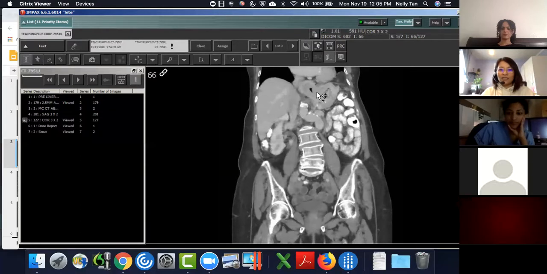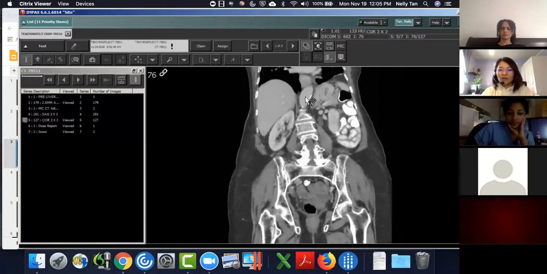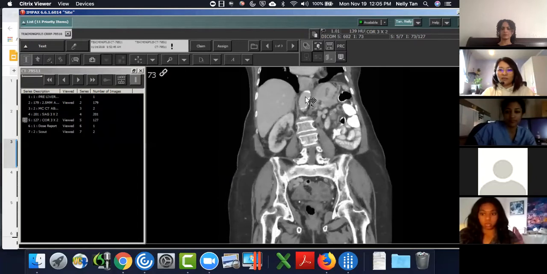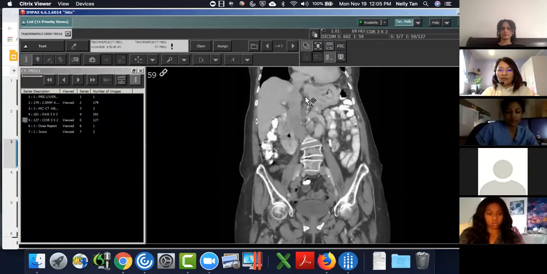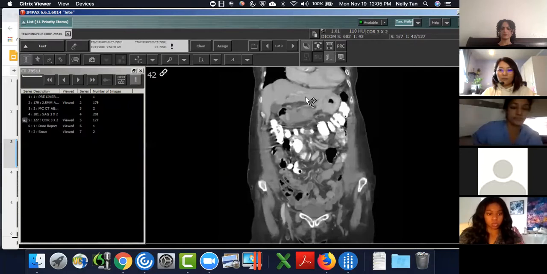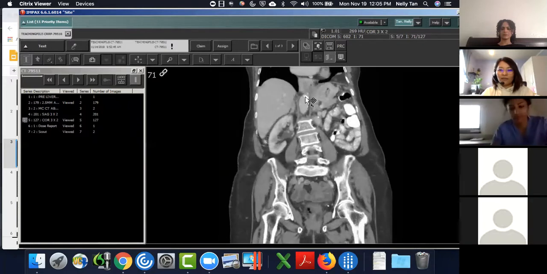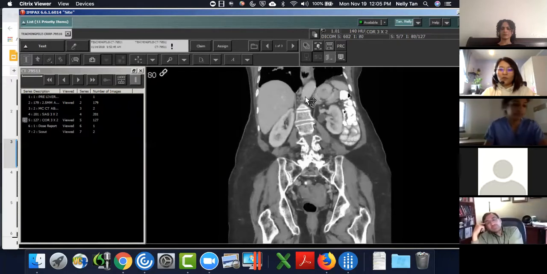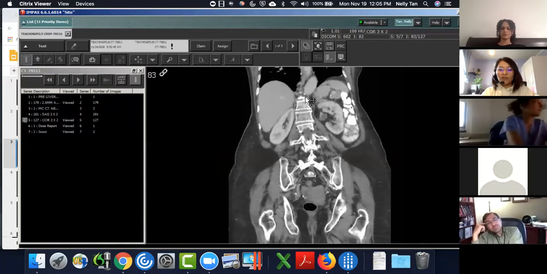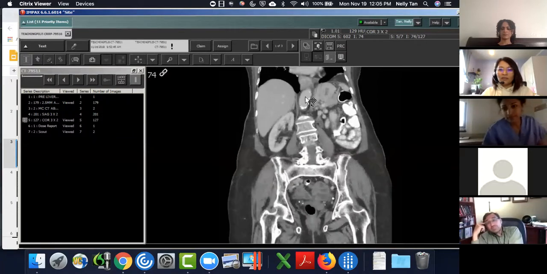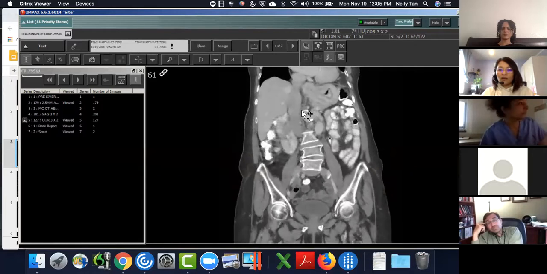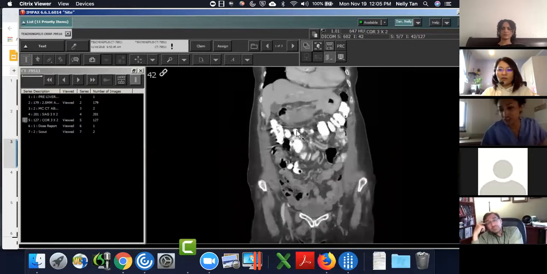And then there's extension into the esophagus, like Arthi said. So sorry, what was your answer, Arthi? What did you think it was? I think it's a GE junction cancer.